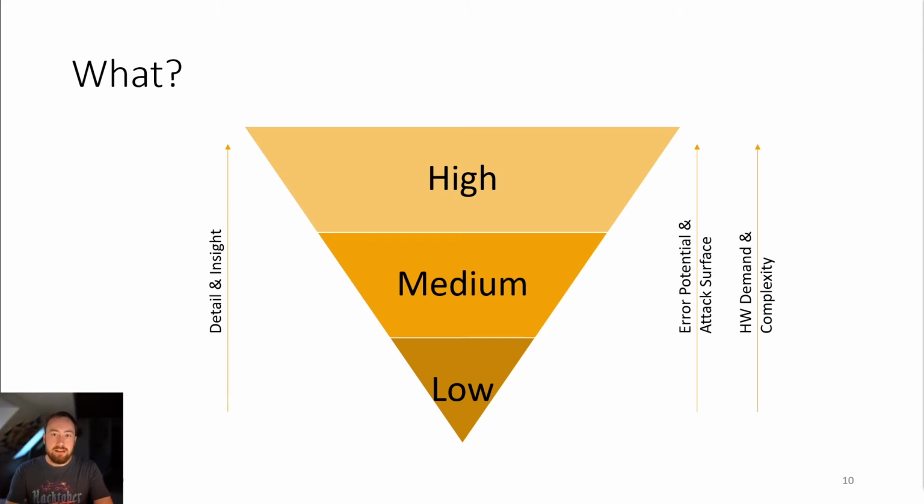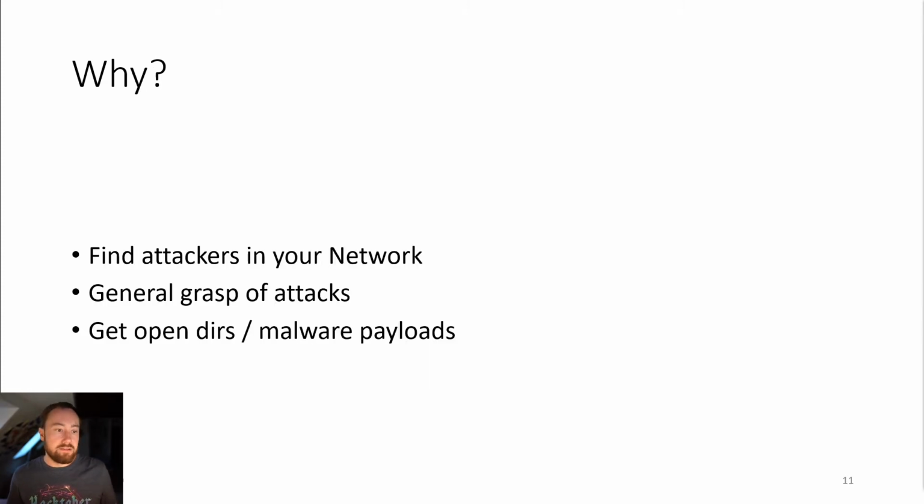So up until this point, you might ask, why should I do that then? Basically, there are three main scenarios that might be of interest. You can use honeypots to find attackers in your network. Basically use them as kind of a trap, as in you deploy them into your internal network, you don't tell anyone that you did, and then you monitor for incoming connections or port scans.